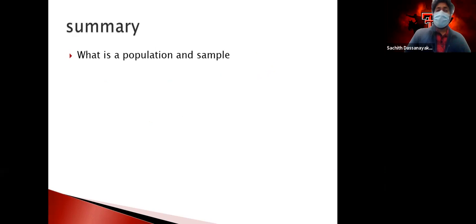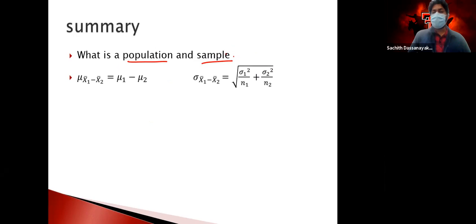In summary, we were talking about population and sample. We just consider samples from different populations. Two populations, two samples, x1, x2 from capital X1 and capital X2.